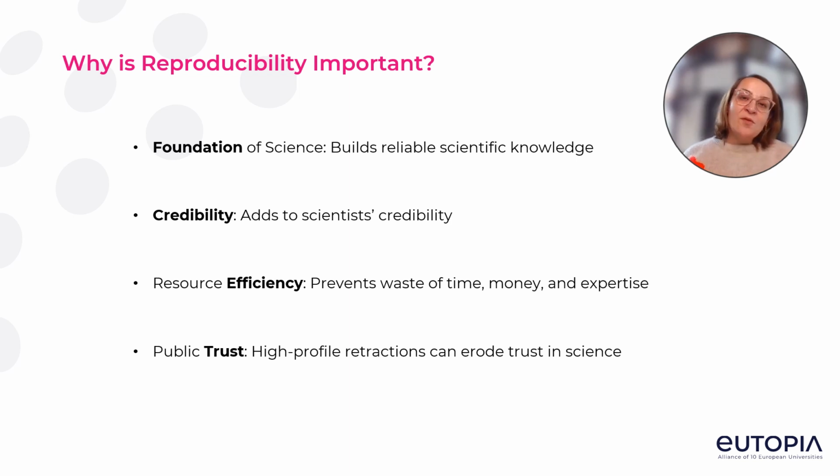When high-profile research is later disproven or retracted, it can erode public trust in science and experts. This skepticism can lead to resistance to important health measures like vaccines or climate change initiatives and contribute to the spread of misinformation.